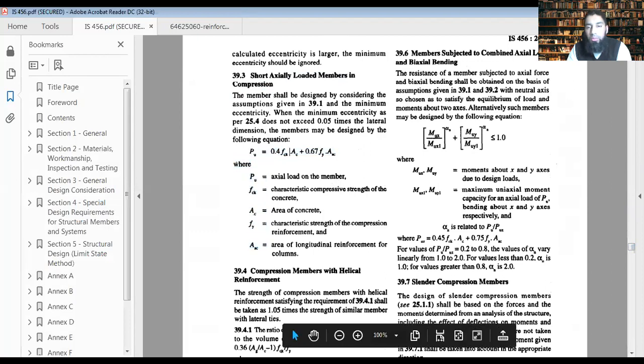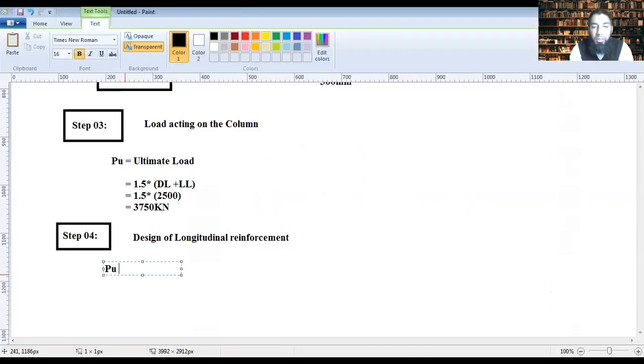We'll be using this formula in the design. So our PU is 0.4 FCK into AC, plus 0.67 Fy into ASC.